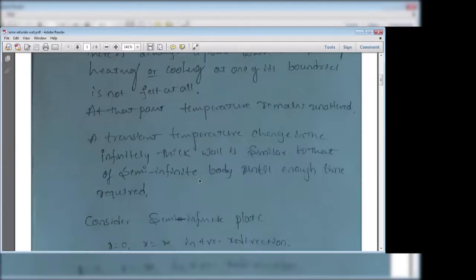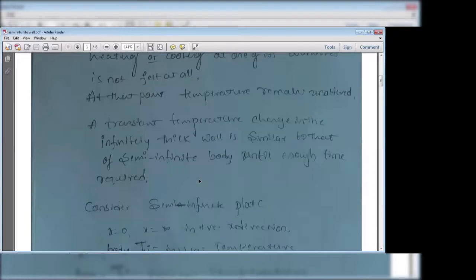A transient temperature change in an infinitely thick wall is similar to that of the semi-infinite body until enough time has passed. Transient heat conduction means temperature change, so if you want to change the temperature, some time is required.